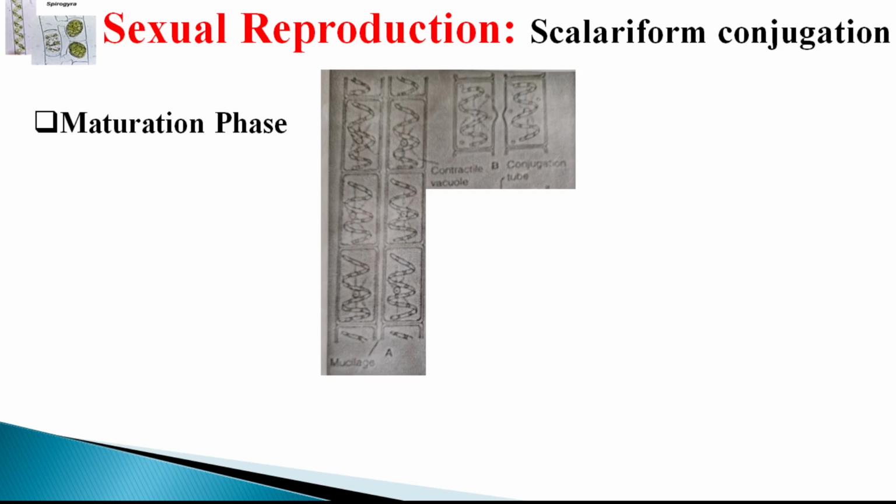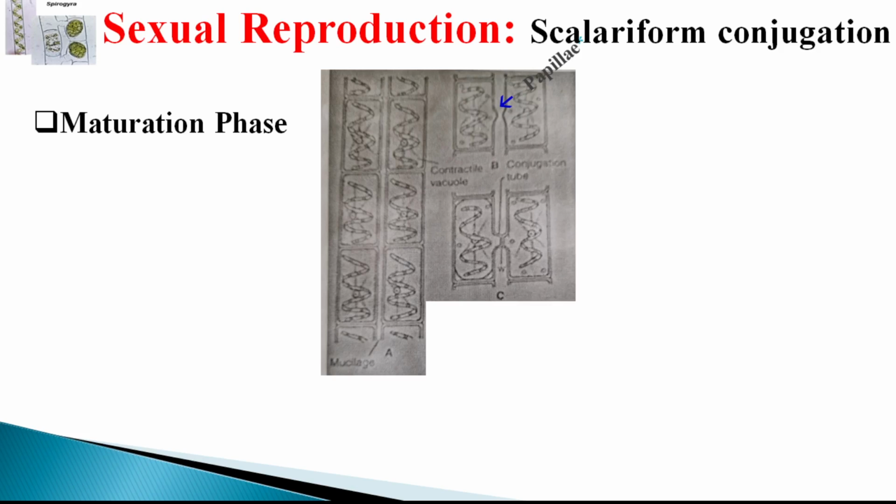Now, in the consequent phase, the papillae start to elongate to form conjugation processes, and the conjugation processes of the opposite cells meet very quickly to form a conjugation tube. So these papillae further get converted into conjugation tubes.